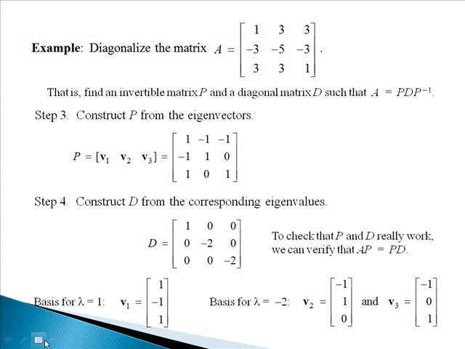To check that P and D really work, we can verify that AP equals PD. And so really you can either check this, which is a simpler form, or you can check this equation up here. Using a calculator, either one is easier. However, if you were doing it by hand, this one would have been easier to check. It wouldn't have required you to find the inverse of P first.